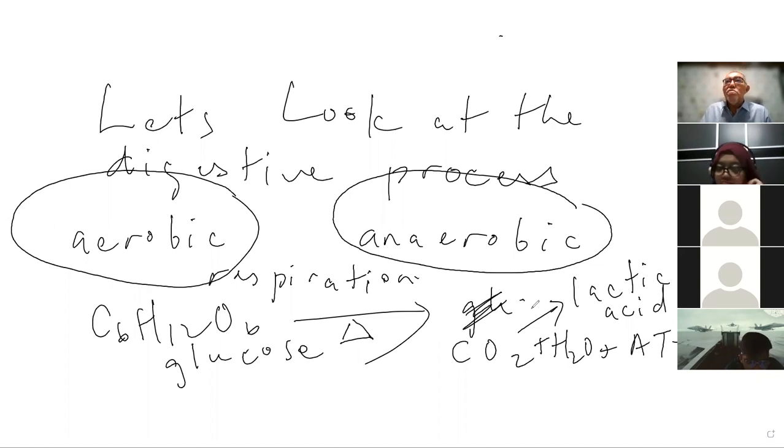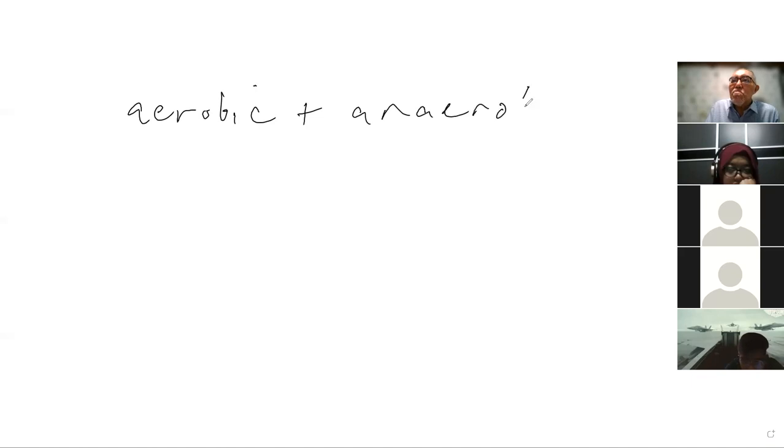But in termites, anaerobic metabolism and aerobic metabolism both happen simultaneously. So you have both aerobic and anaerobic, and these are typical metabolisms for the termites.